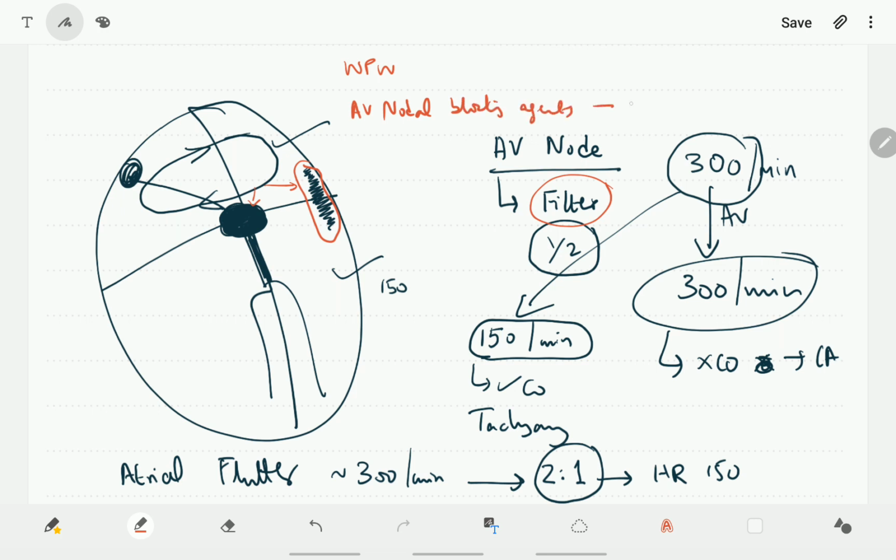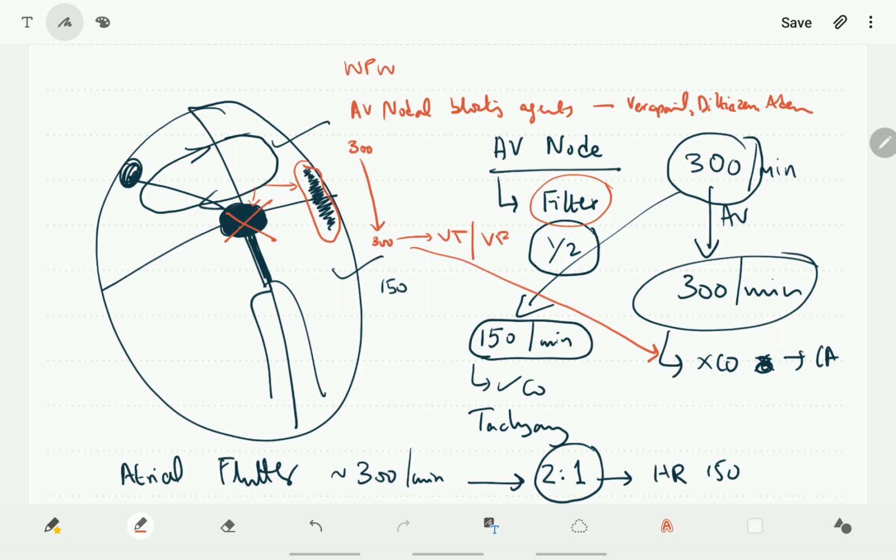for example verapamil, diltiazem, which are calcium channel blockers, or adenosine, this will block the AV node, and now all the impulses will travel down through the accessory bundle. This is very dangerous because suppose now there are 300 activities per minute going on in the atria, and they would all go down from the atria to the ventricle, and this will actually cause no cardiac output or cardiac arrest, or this will go into VT or VF and the patient can collapse.